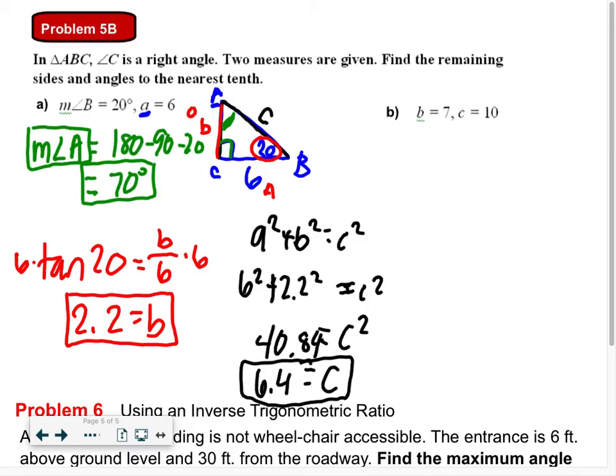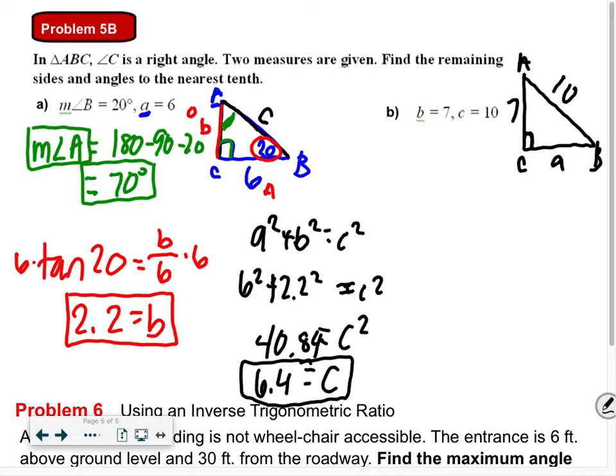Okay, my next triangle, again, you can draw your triangle any way you want, just as long as C is your right angle. Fill in the stuff: little side B is across from our angle B, so that's 7. Hypotenuse is 10. I'm going to find side A first, because that's what's missing.